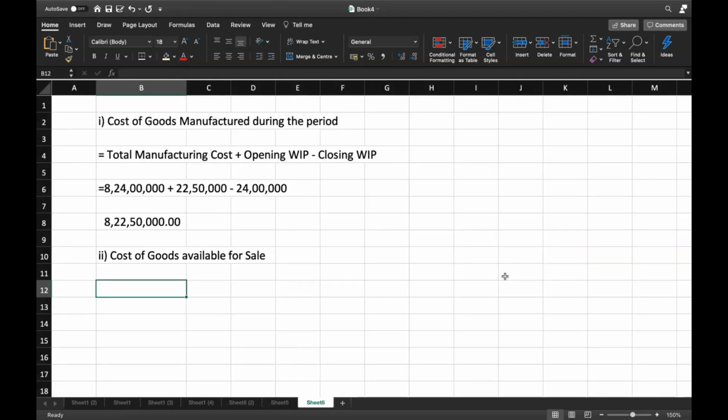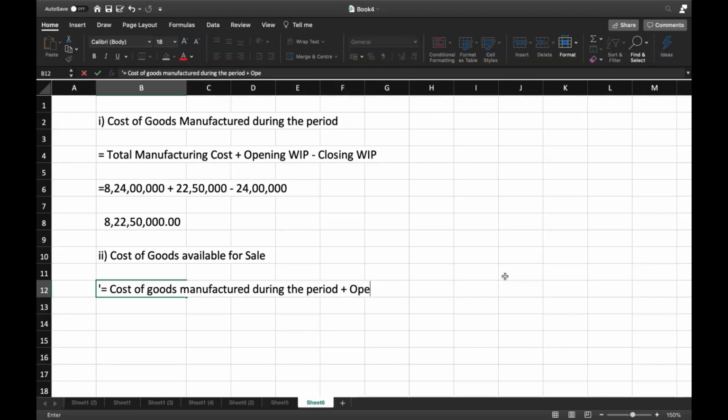Here we go. Cost of goods available for sale is nothing but cost of goods manufactured during the period plus opening cost of finished goods, or cost of finished goods at the beginning of the period.